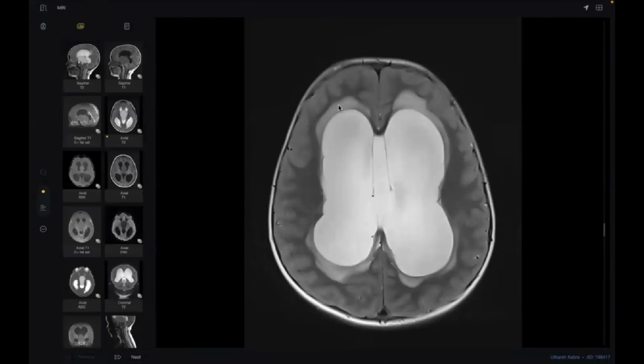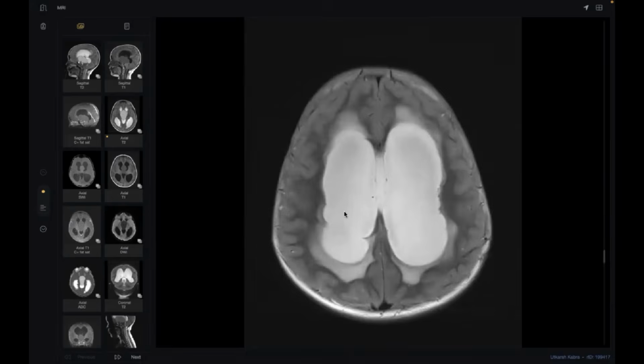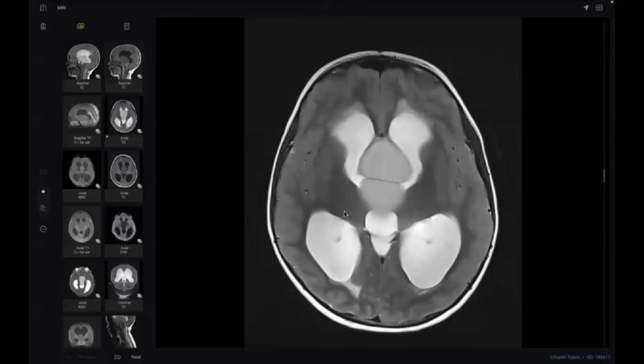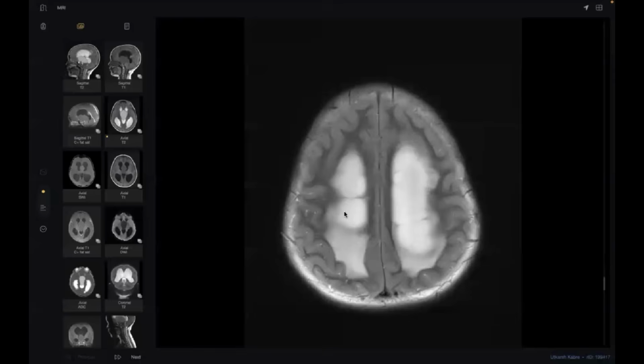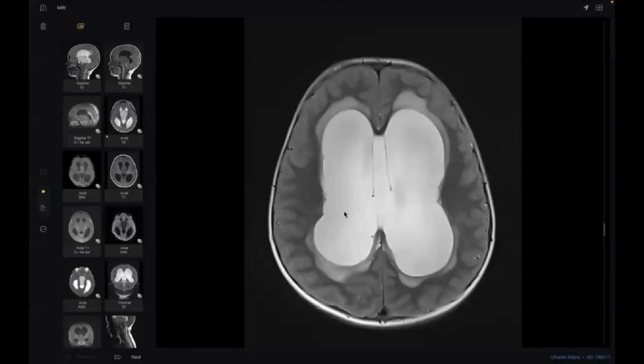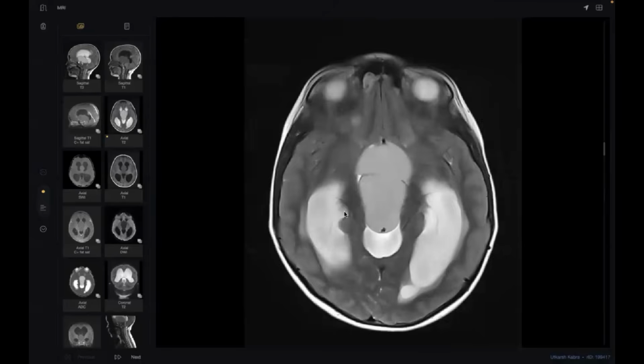We call this transependymal CSF permeation. So the exact description here is transependymal CSF permeation due to high pressure hydrocephalus.